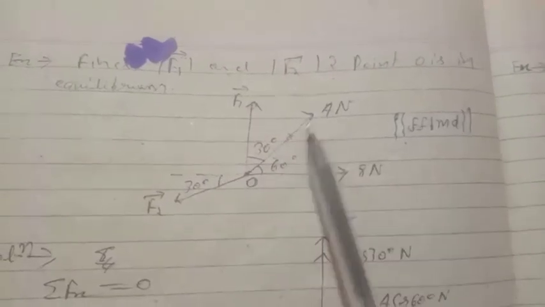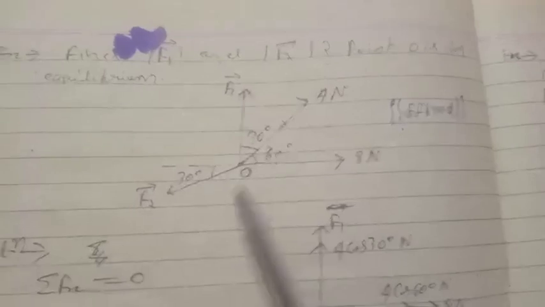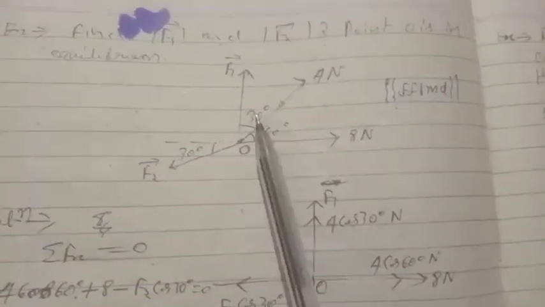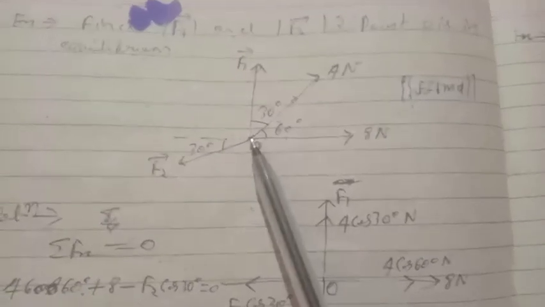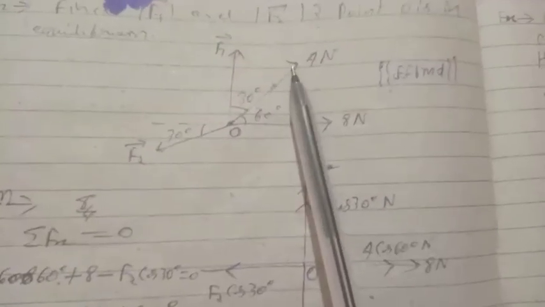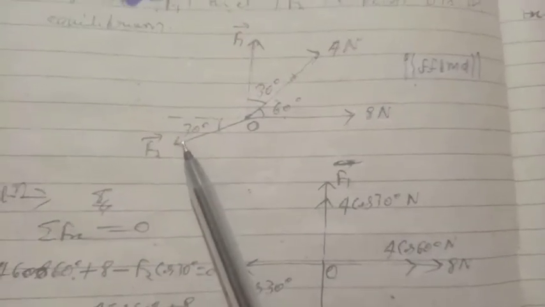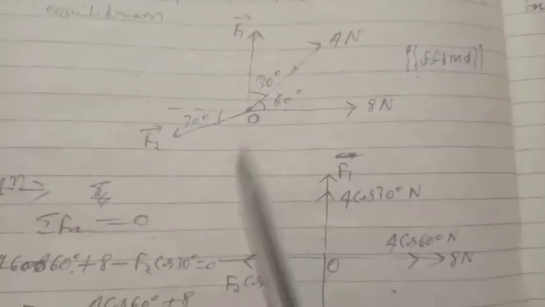One force is in this direction, another force is in this direction, another force is in this direction, and another force is in this direction. So this can be solved directly because point O is in equilibrium and the free body diagram has been drawn. We take the components of this force, one in this direction, one in this direction, and again the components of this force, one in this direction, one in this direction.